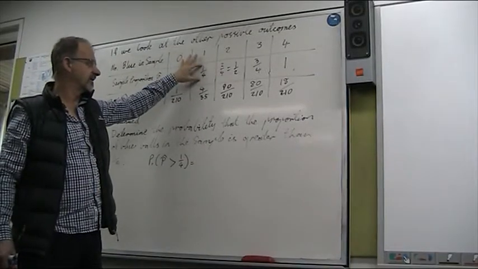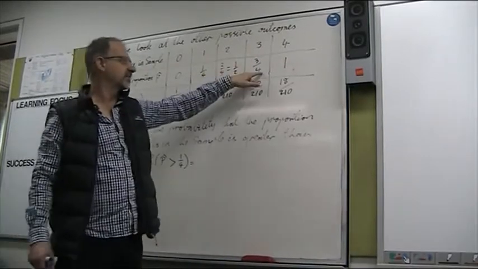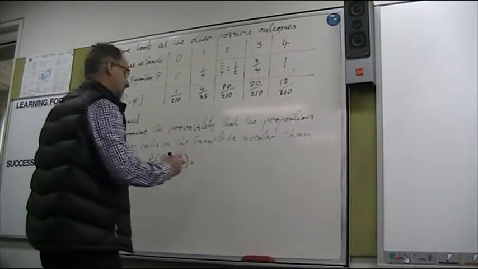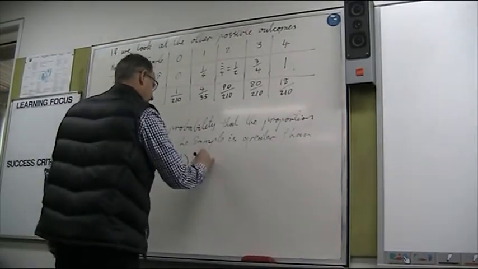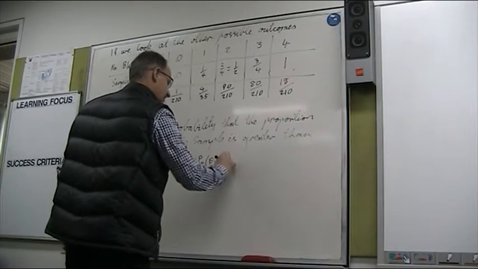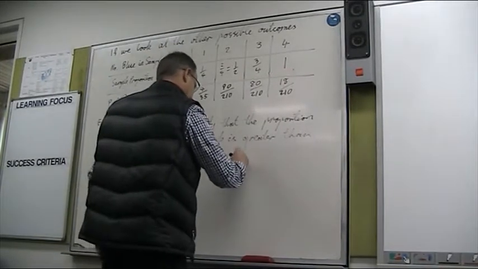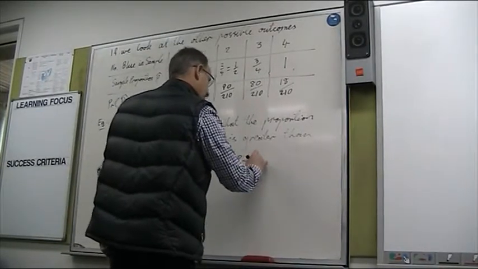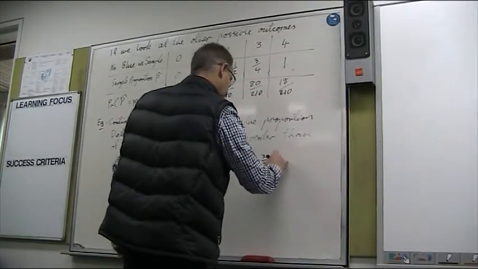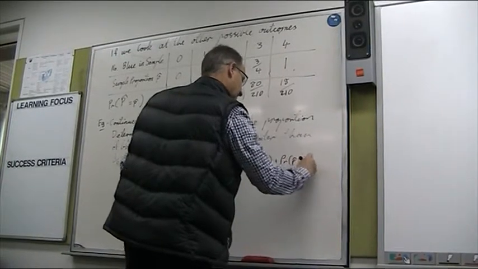We were looking at the sample proportion being bigger than that. So half is bigger, 3/4 is bigger, and 1 is bigger. So we're actually after the probability that the sample proportion is equal to half, plus the sample proportion being equal to 3/4, or the sample proportion being equal to 1.